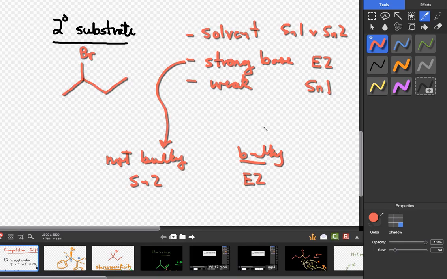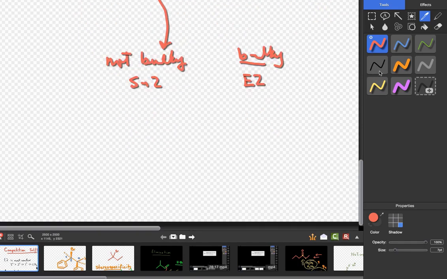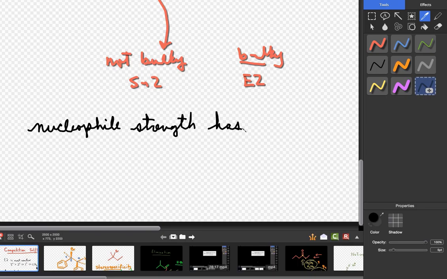Let's write that down. Nucleophile strength has no impact on SN1 kinetics.